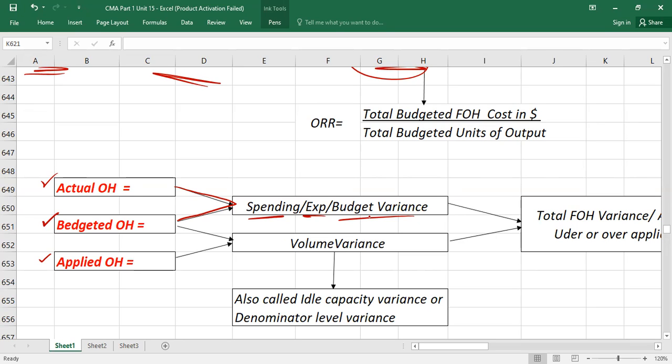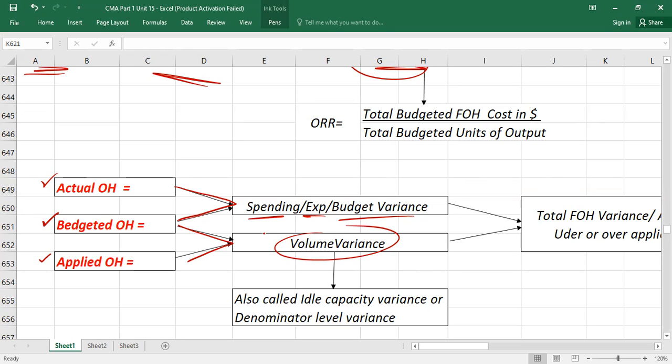That's it. Understood? Clear? Second thing, when you compare these two lines, which two lines can you check? Budgeted overheads and applied overhead. The difference of budgeted overhead and applied overhead is called which variance? Volume. So it means two variances are there. First variance is called expenditure, spending, budget variance.